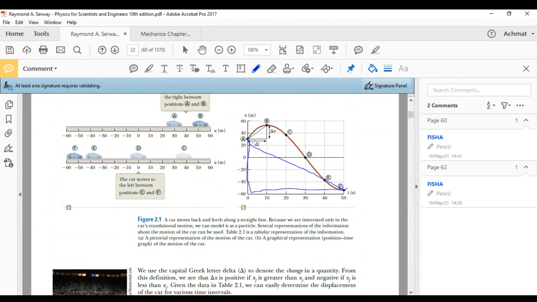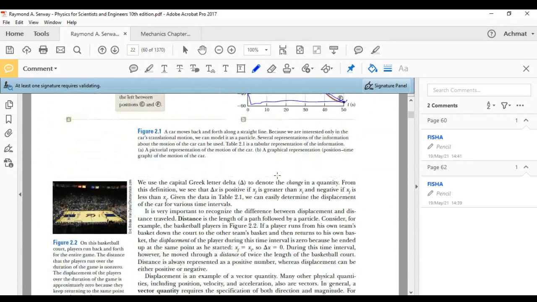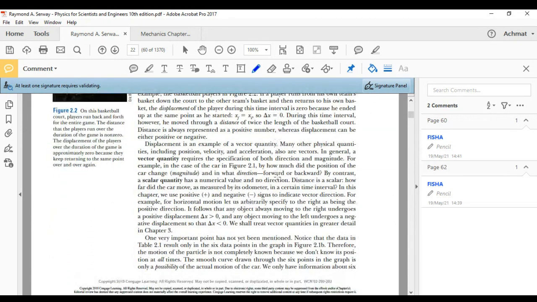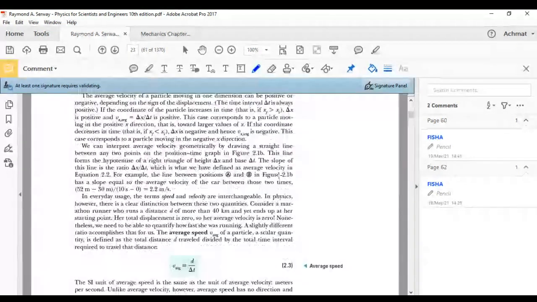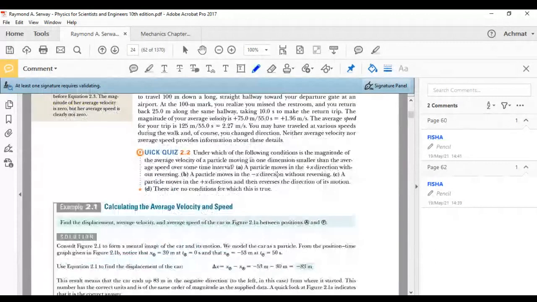It's a negative gradient. Remember how we indicate positive and negative gradients. So we are correct: the average velocity here is a negative gradient. Please check all these things always, and make sure that you follow these things and you understand them.